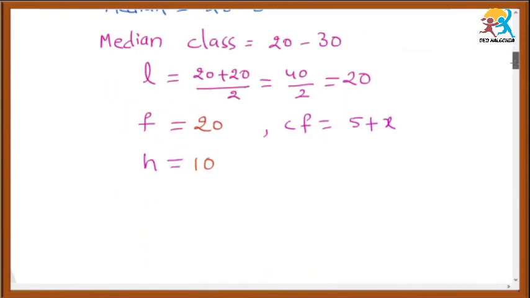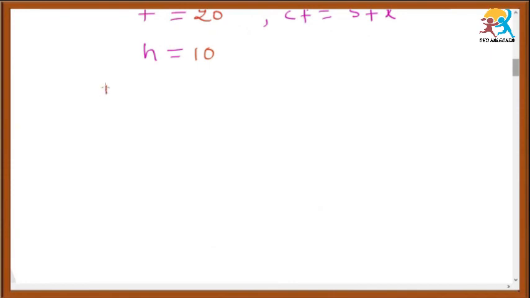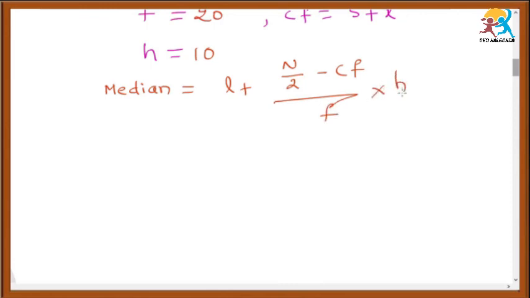Now we will write the formula. So the median is equal to L plus n by 2 minus CF by f into h. So substitute L. L is 20 plus n by 2. N is 60.